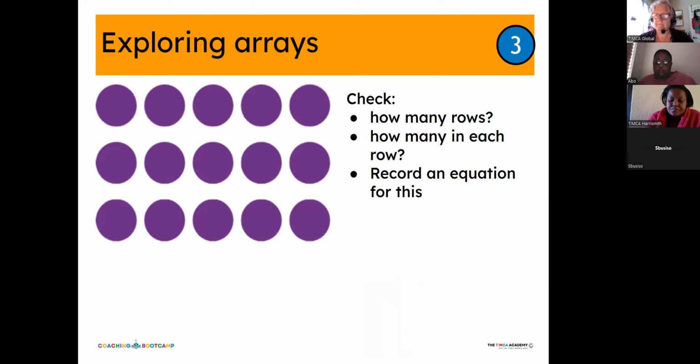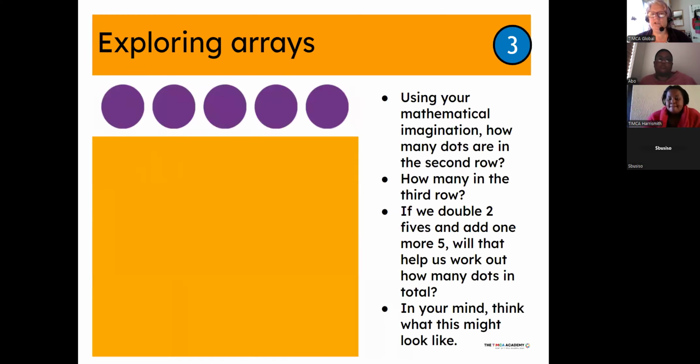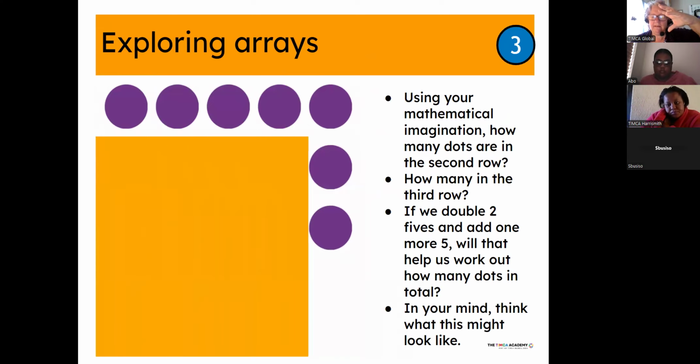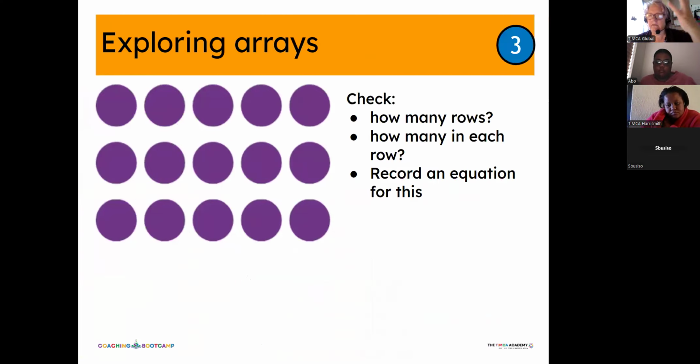So we could be forcing a written symbolic sum or equation at the end of it. It starts by showing something, using your imagination, thinking about what the whole thing might look like, and then coming to check that this is what it looks like and how many we've got altogether.